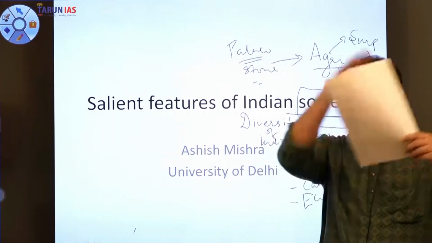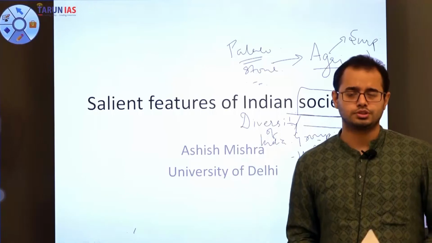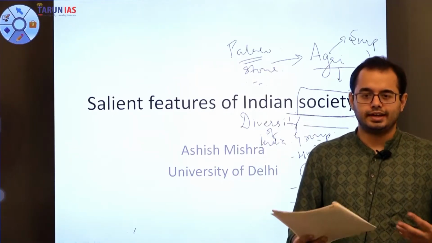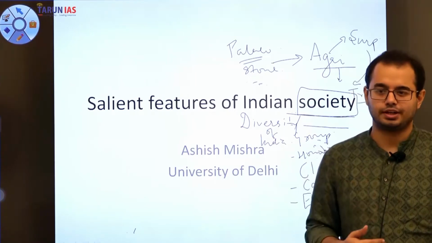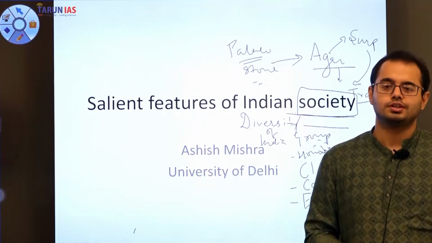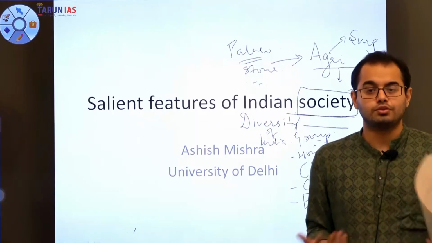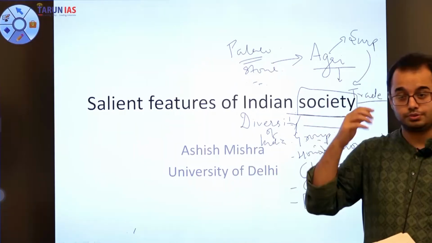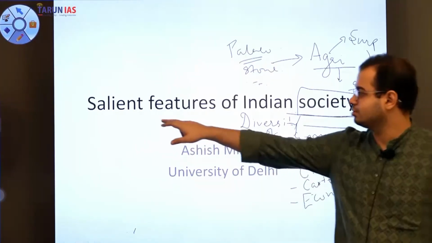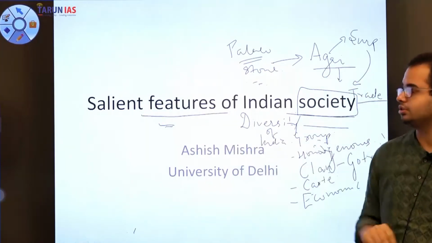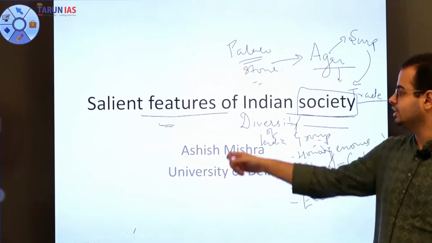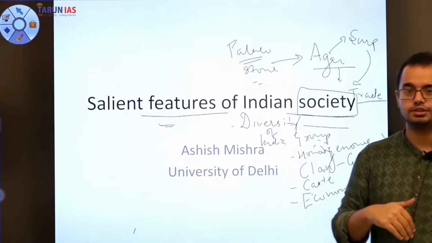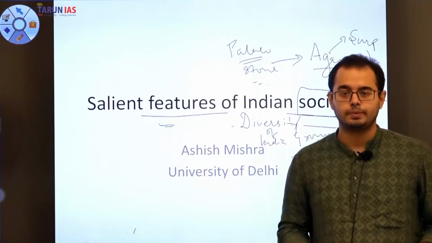Society as a whole is a very big concept. You have to learn about society of the whole world. That is not expected at this stage; you are expected to know at least the society of India. So UPSC is very clear that first it wants you to know the salient features of Indian society and diversity of India. That is the topic of discussion today.